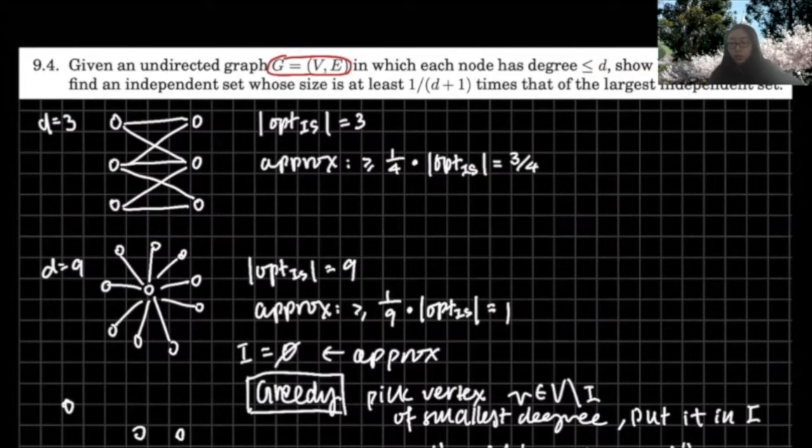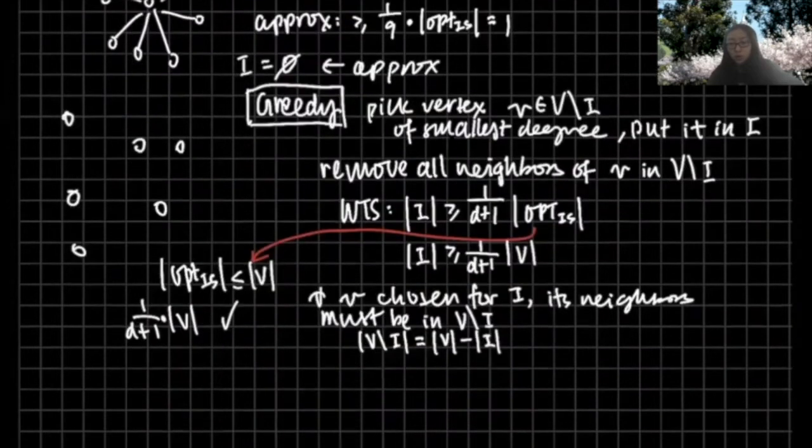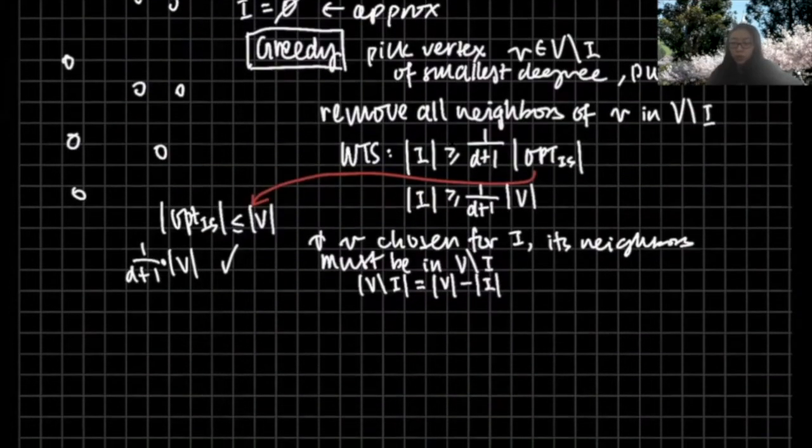For every vertex that we choose to put in our independent set, it has at most d neighbors. So how many vertices have we chosen so far in the independent set? That's just the size of the independent set. And for each of these vertices, there are at most d neighbors. So we can actually upper bound this inequality like this.